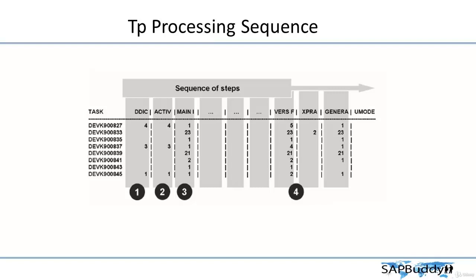How do you define the import steps? We are discussing when you do a mass import, that means many TRs at one time, then it is important to understand that TRs are not going to be imported in sequence. Meaning, let's assume this particular TR, DEVK900827, will be imported first, then it's finished, then it's going to start 833. No, it's not the case.